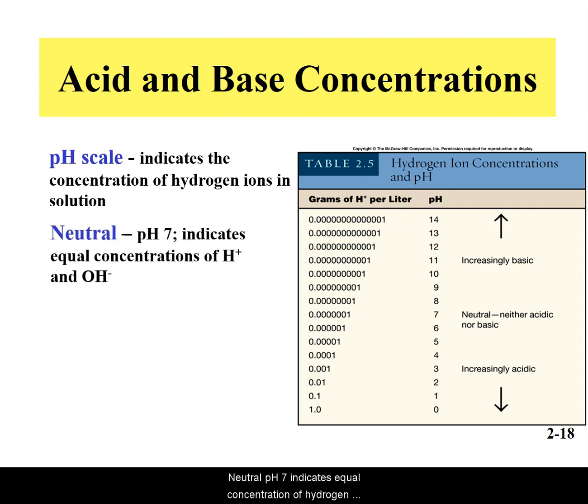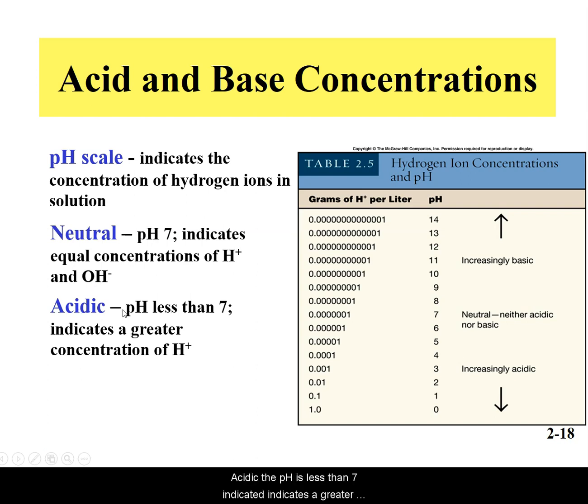Neutral, pH 7, indicates equal concentration of hydrogen and hydroxyl ions. Acidic, the pH is less than 7, indicates a greater concentration of hydrogen. So right here is neutral, and as you go to lower numbers, it increases in acidity from 6 to 5, 4, 3, 2, 1, 0.